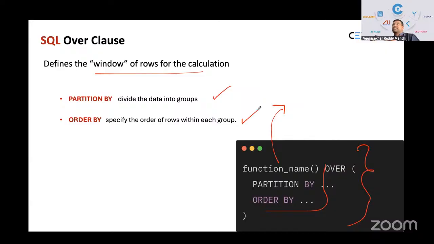To select the rows relevant to that particular context, we need to partition. That divides data into groups. Sir, I can do that using GROUP BY also. But the problem with GROUP BY is that the data gets summarized.